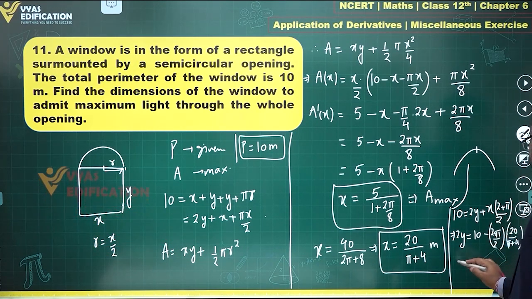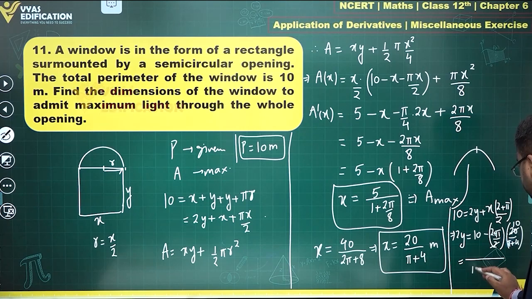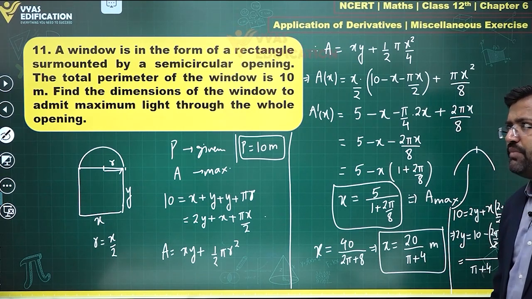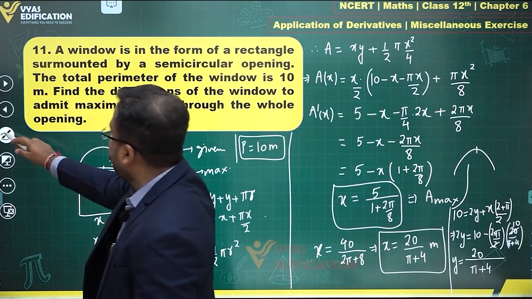Let's simplify this further. In the denominator we have pi plus 4, and in the numerator this is 10 times pi plus 4 minus 2 minus pi, which is 2, so this becomes 20 upon pi plus 4 as well. So this is 2y, and y will become 10 upon pi plus 4 meters.